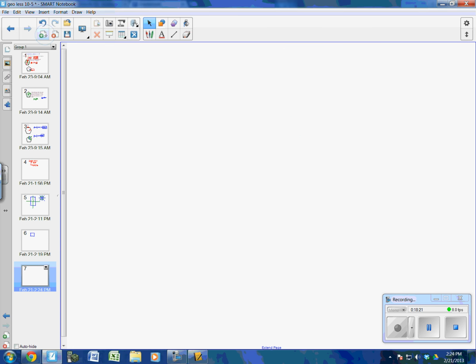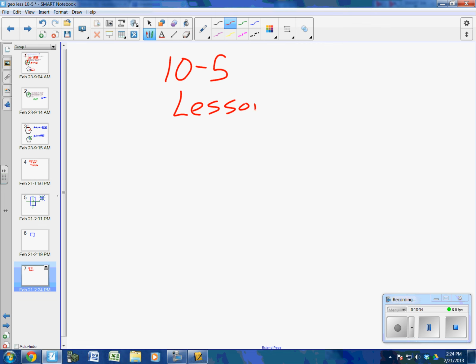All right. For those at home, we just did 10-5, symmetry. There wasn't much to show, so I didn't turn it on, but here's the assignment. Lesson 10-5, page 437. We're going to do 13 through 26 all and 30 through 35 all.